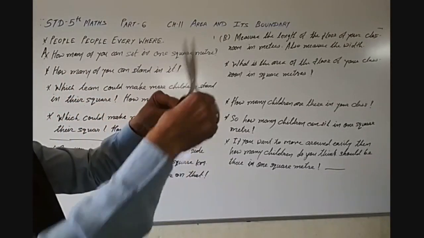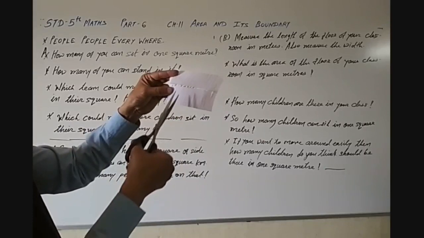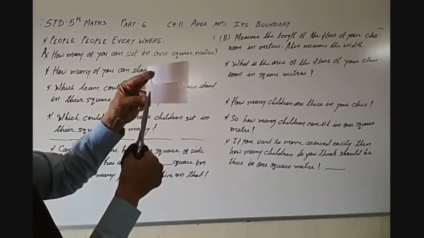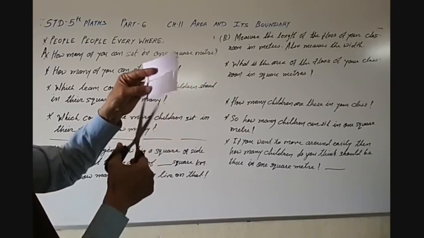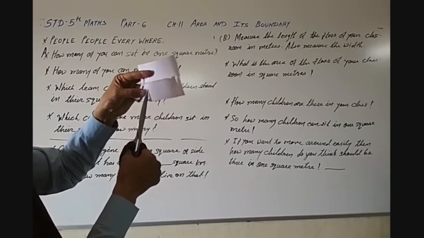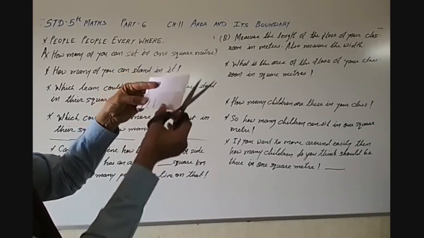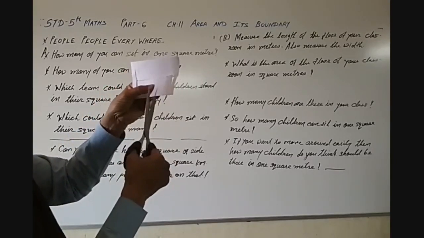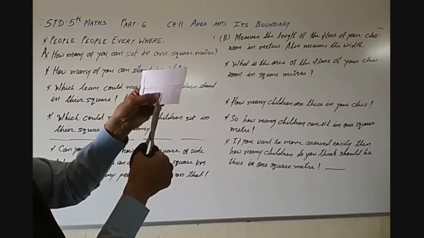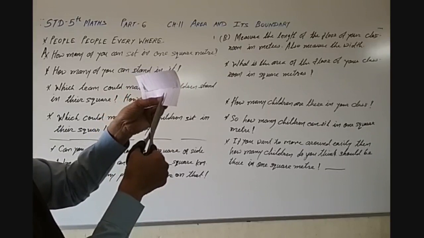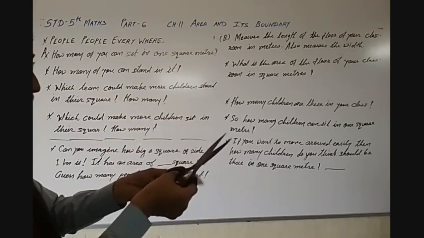Now I have to cut this postcard along the half of the line. So let me cut that. 1, 2, 3. See, if you want a big bend, then you should keep these lines very near each other.